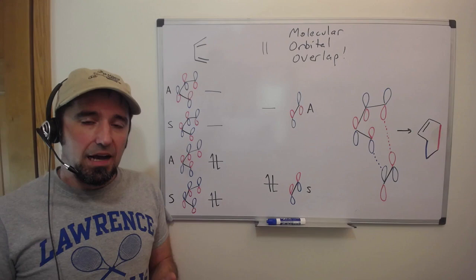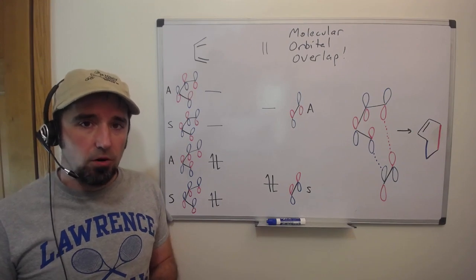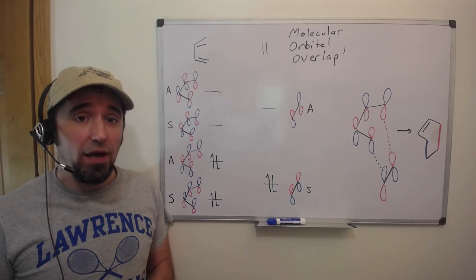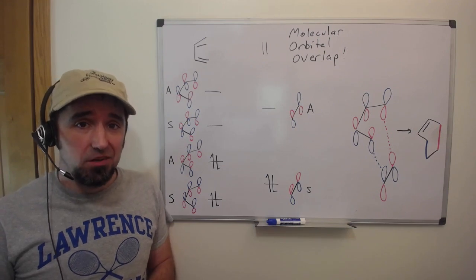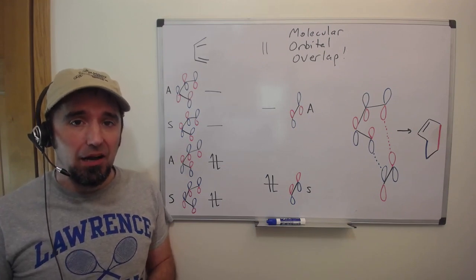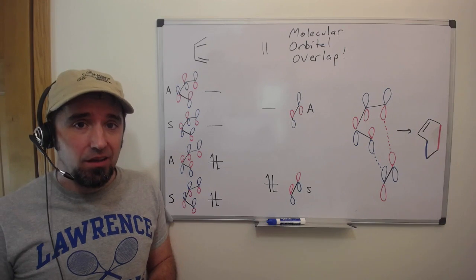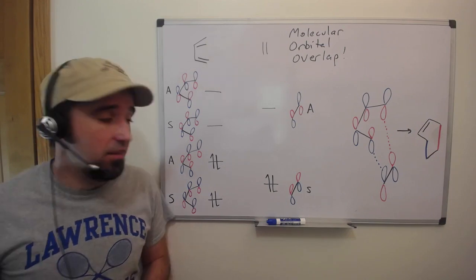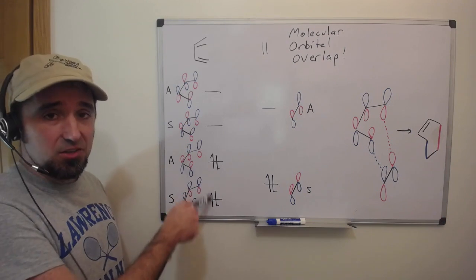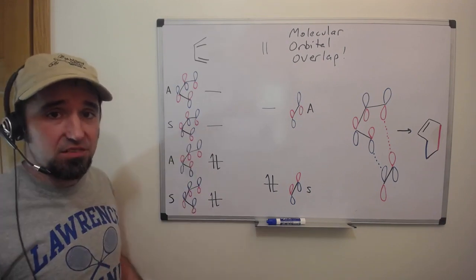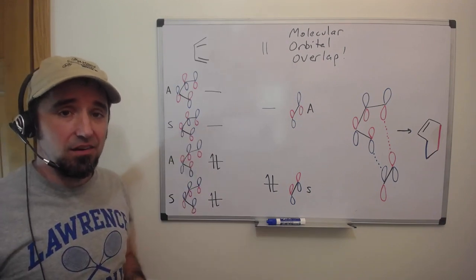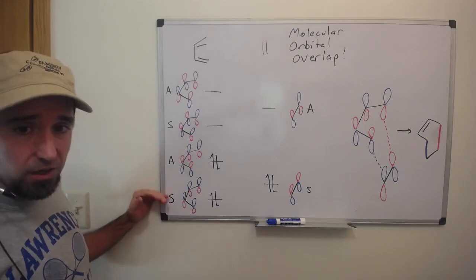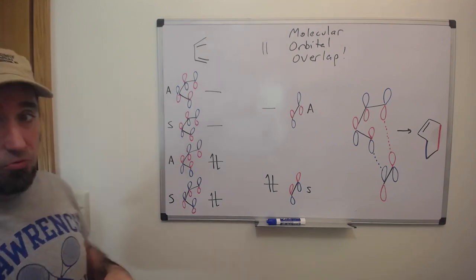To understand how concerted mechanisms work, we actually need to look at the molecular orbitals. Remember, way back in Organic 1, we talked about how pi orbitals can overlap and mix. So this is a conjugated system, and these are the 2 highest energy occupied orbitals and the lowest energy unoccupied molecular orbitals. These are all pi orbitals, and the color here is meant to show phase.